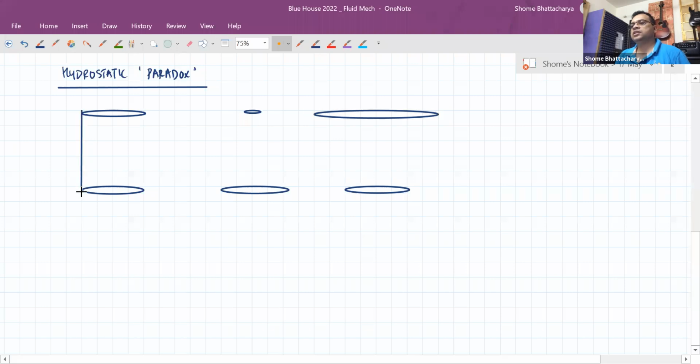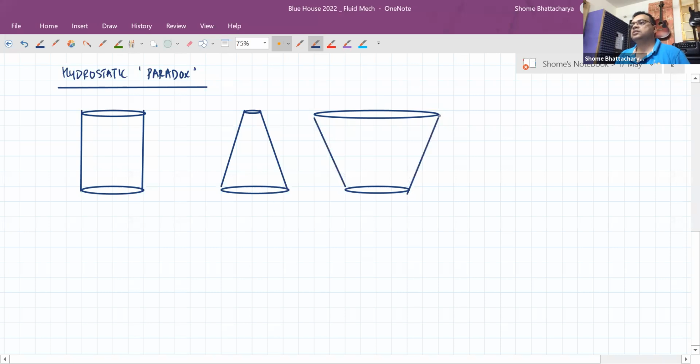One is cylindrical, and the other are conical vessels.